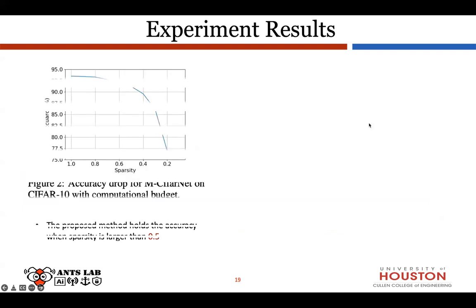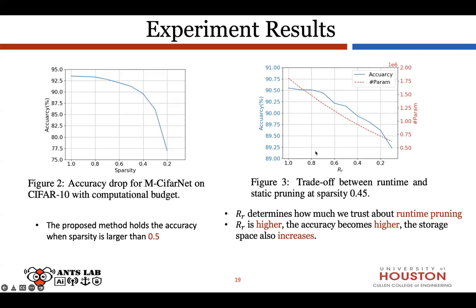And also they have some observations. Figure 2 shows the performance of various sparsity ratios in their method, and demonstrates that their method holds the accuracy when the sparsity is larger than 0.5. And figure 3 shows the trade-off between the runtime pruner and the static pruner by adjusting this RR term.